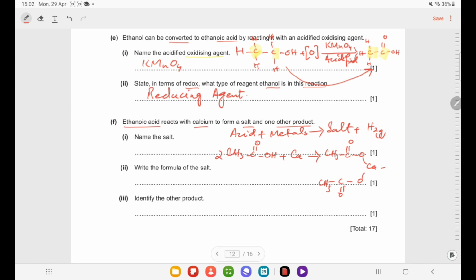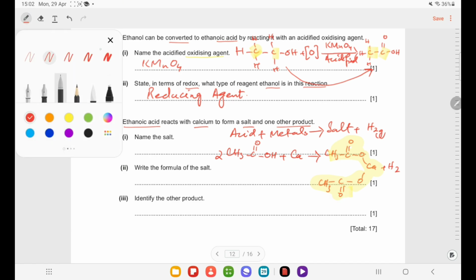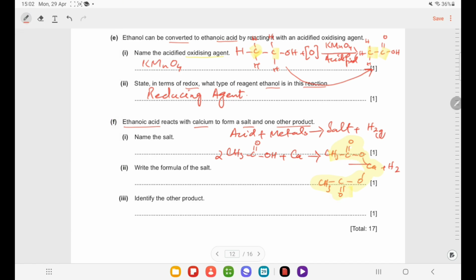So the name of this salt is calcium acetate, because these are the acetate ions attached to calcium. So we name this salt calcium acetate.